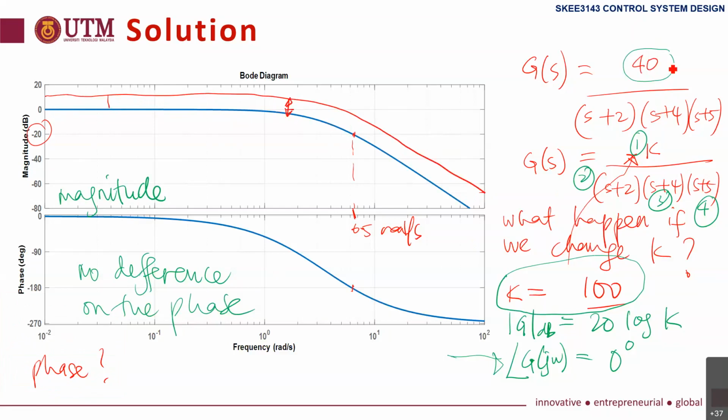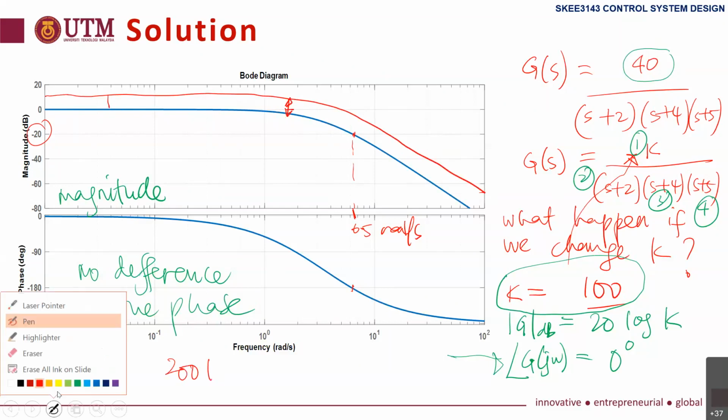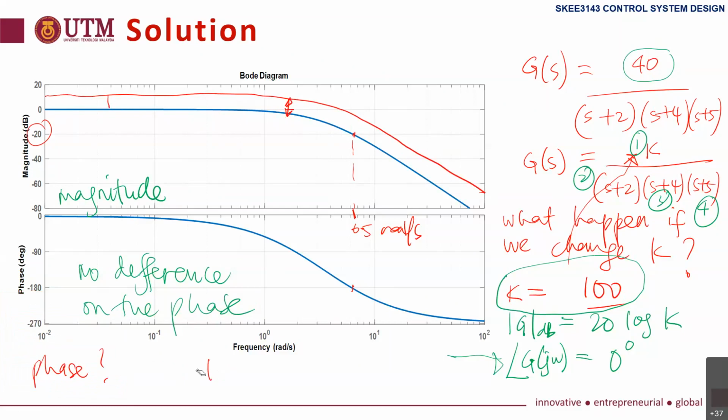Before it was 20 log 40, we changed to 20 log 100, so all increase by 20 log 100 minus 20 log 40 dB. All in dB, all will increase by this difference. But the phase will be the same.